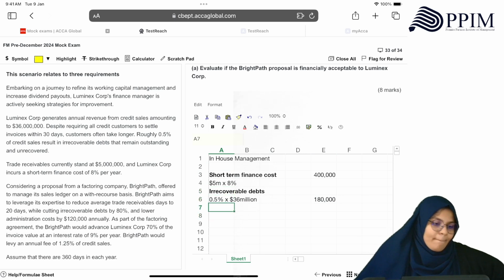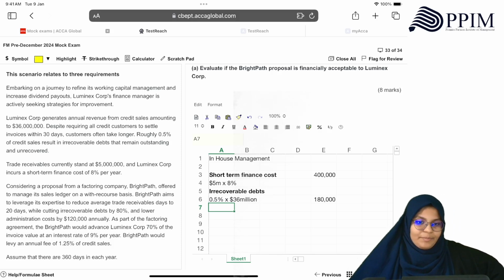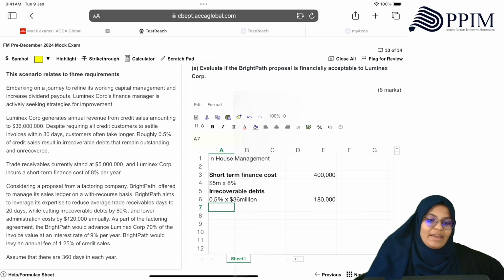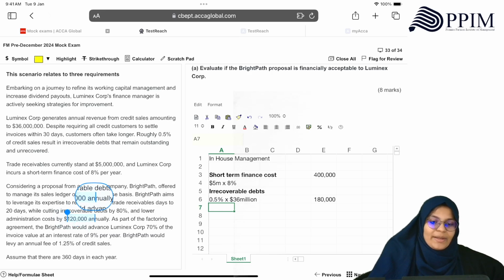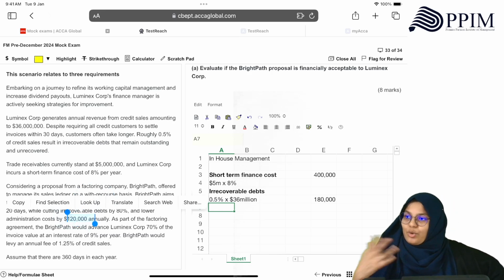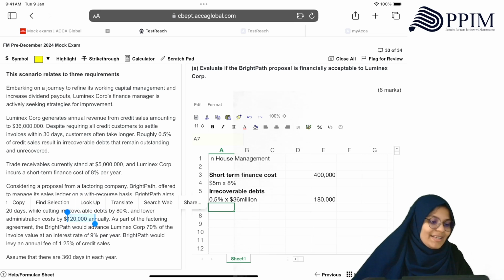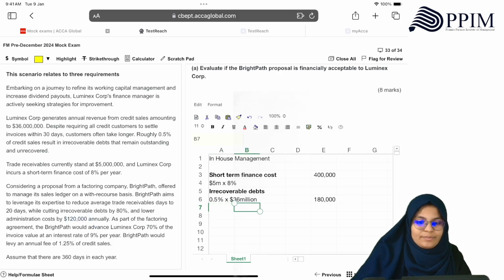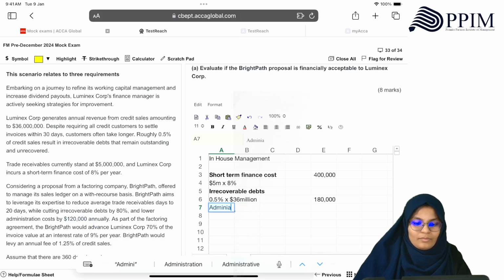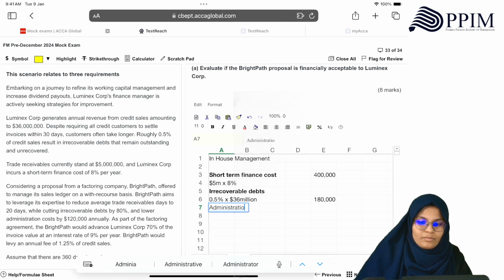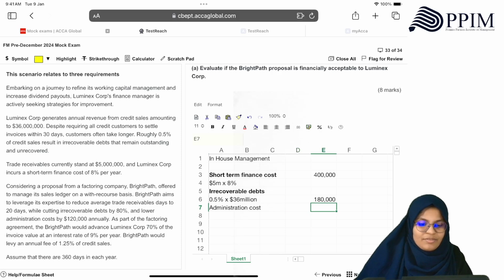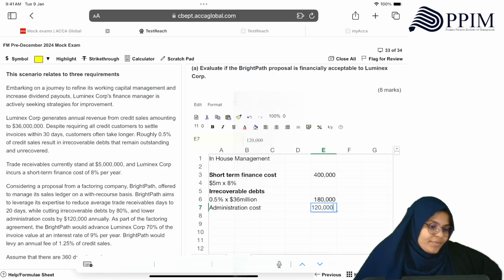Okay, what else? They said that if I go for factoring, I will save on admin cost of 120,000 annually. That means if I don't go for factoring, I will have to incur that 120,000. So that is my administration cost of 120,000.